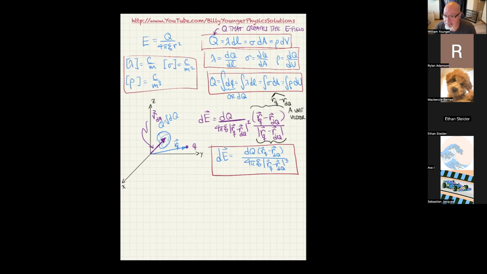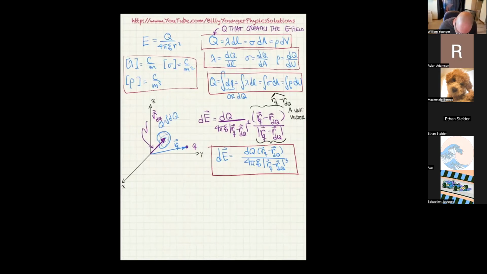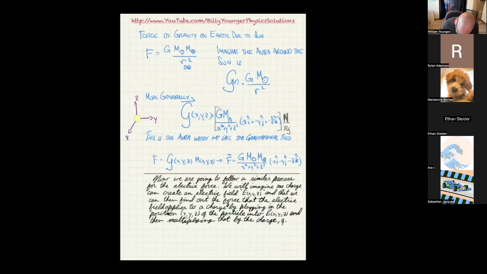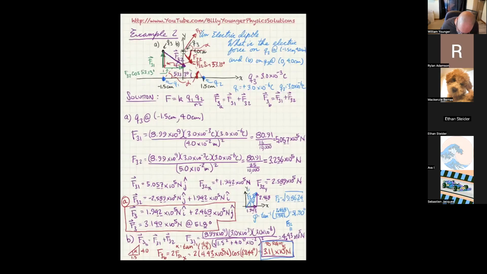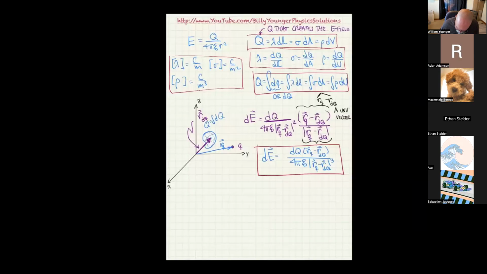Okay. You'll notice that that is actually on our equation sheet that I gave you. Now I'm going to use that to actually calculate the electric field due to an infinite line charge. So we're going to call this example 3, I think, because I think we only did 2 examples so far. Yes, we're going to call this example 3.